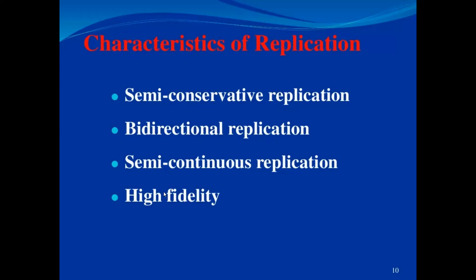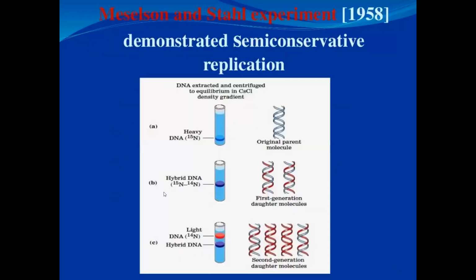As I mentioned, it is highly stable, with high fidelity. This was demonstrated by the Meselson and Stahl experiment in 1958, showing that organisms undergo semi-conservative replication. This experiment was highly adopted, and we still base many experiments on Meselson and Stahl's experiment.